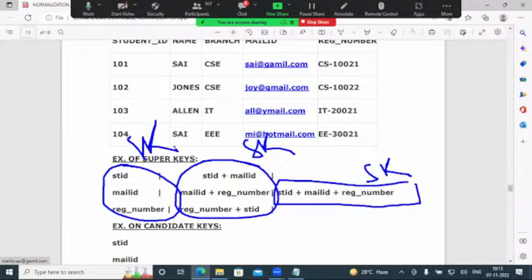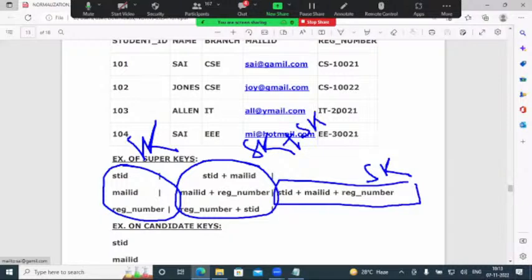As per your definition, what? A candidate key is a minimal super key column which uniquely identifies a row. Now tell me, in these 3 levels, which is minimum? Individual columns. So, super key plus super key, observe carefully.